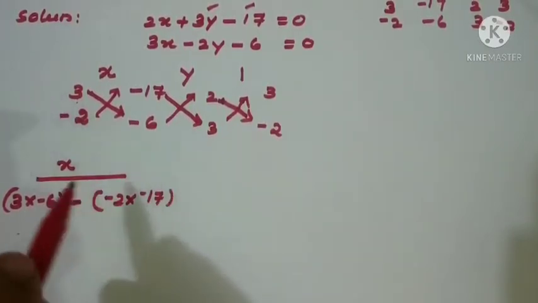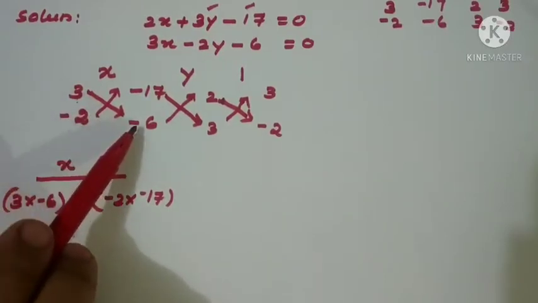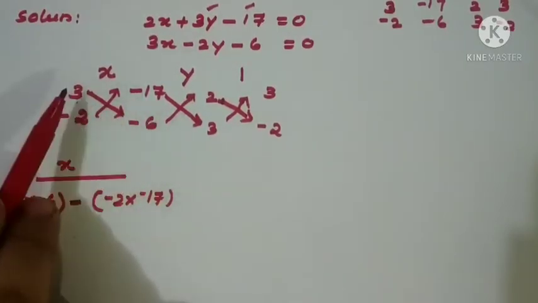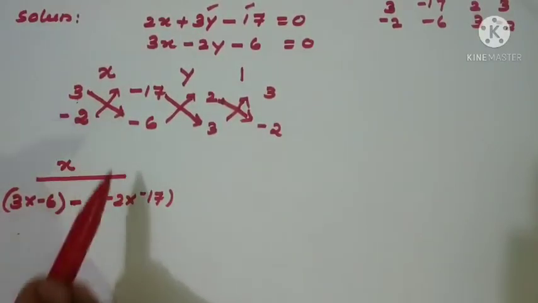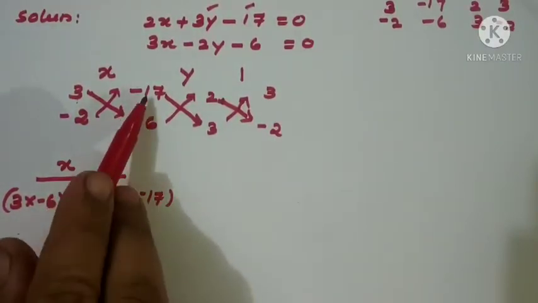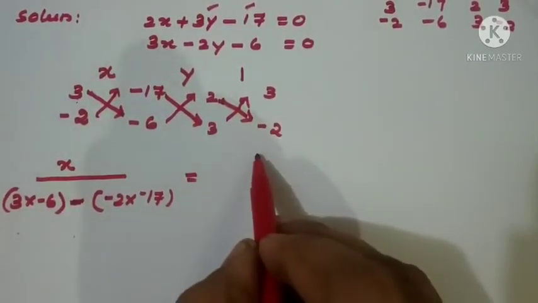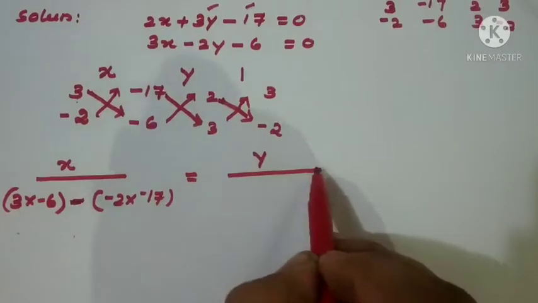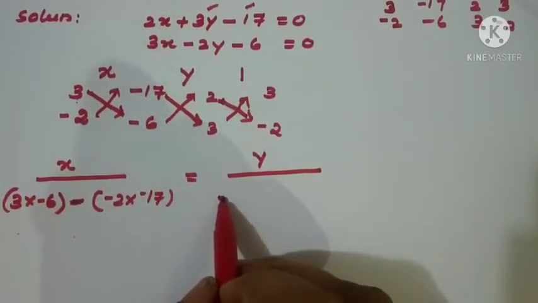We are doing the multiplication. The arrow mark shows that we should start from here only. 3 into minus 6, don't change the order. Again a minus sign in between, then minus 17 into minus 2 to be multiplied. Equal to the y ratio: y divided by minus 17 into 3.